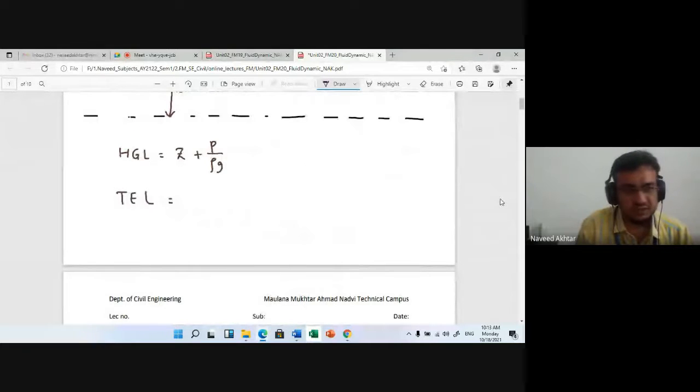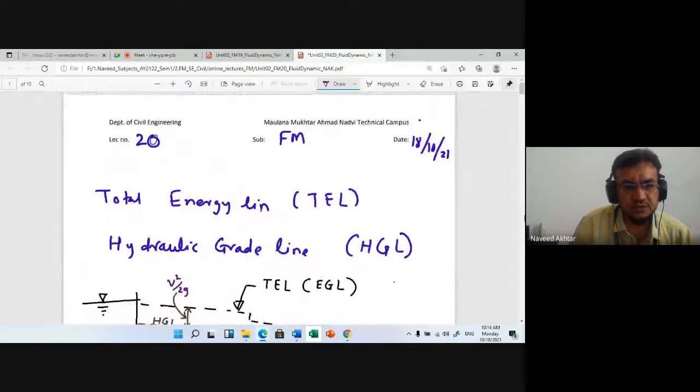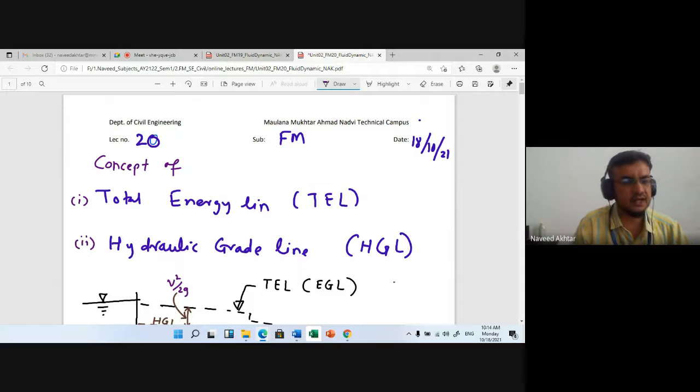So the total energy line is P upon rho G plus V square upon 2G plus Z. This is the concept of the first, total energy line, and second, hydraulic grade line.